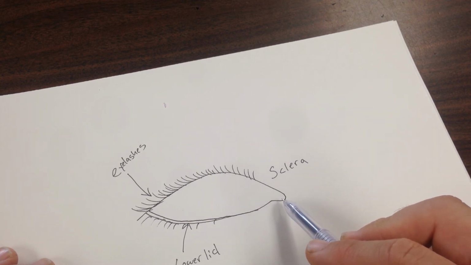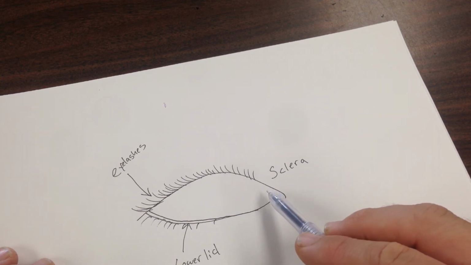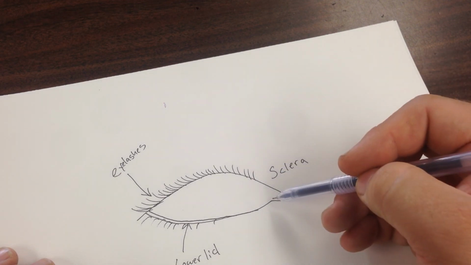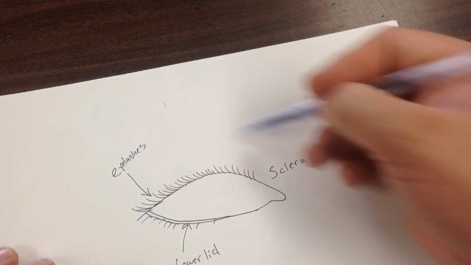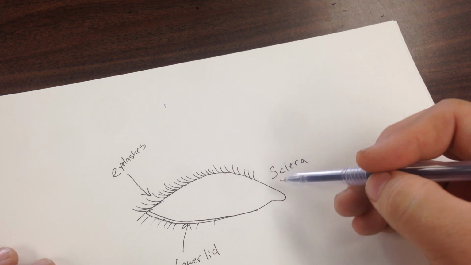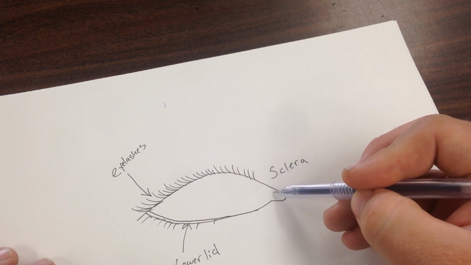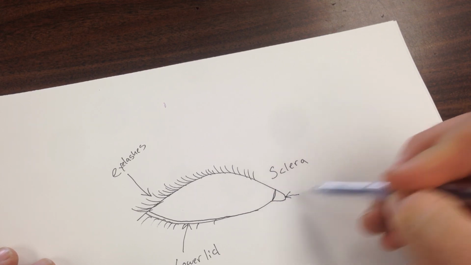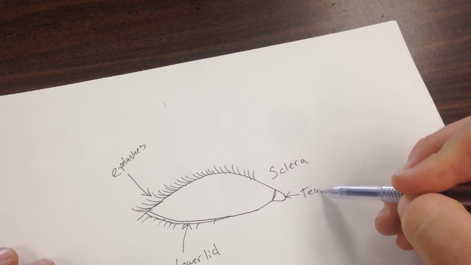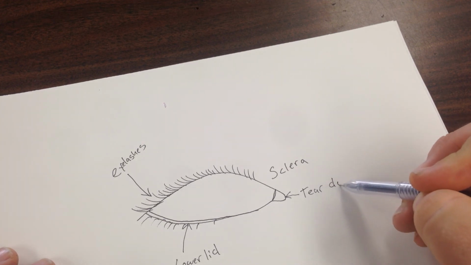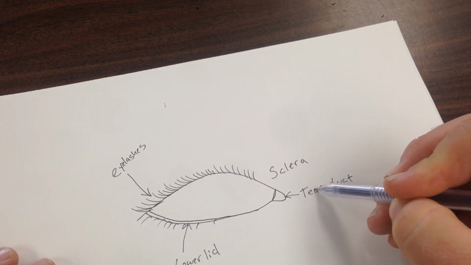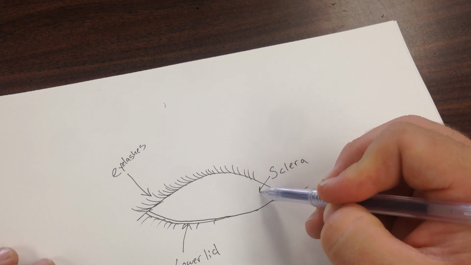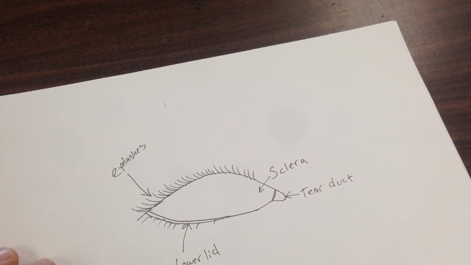You can see a separation in the eye between the sclera and the tear duct because the eyeball is actually this round sphere, and you start to see where that round sphere comes to the edge of this tear duct in here. So here we're going to have the tear duct, and here's the sclera. All right.